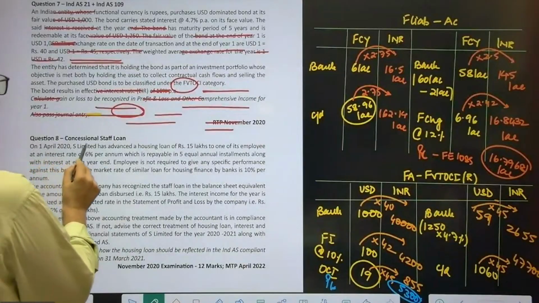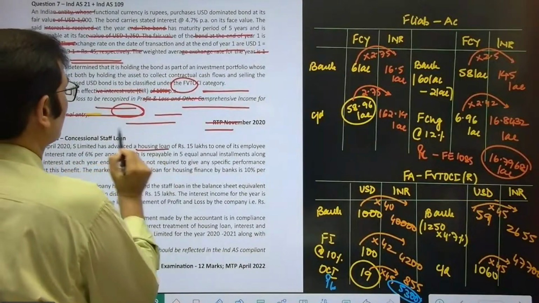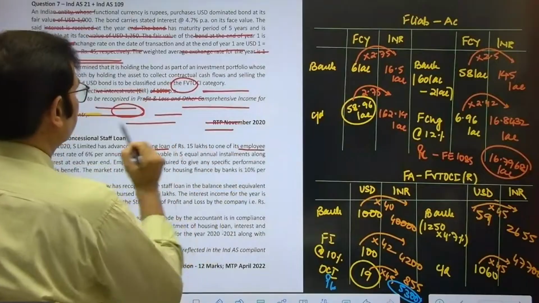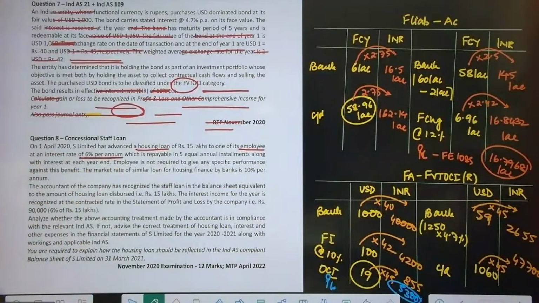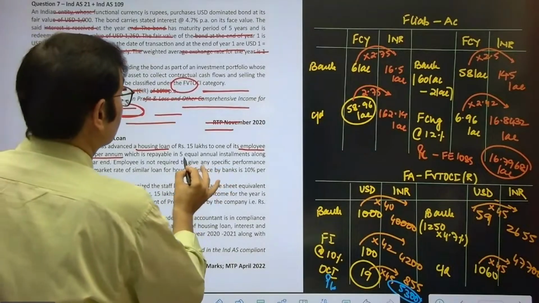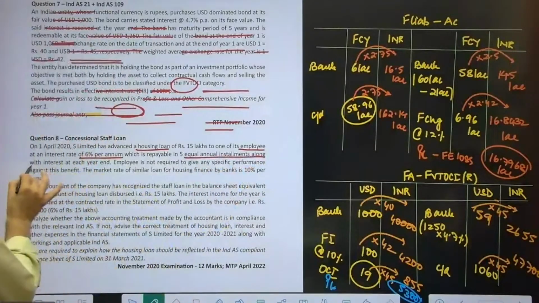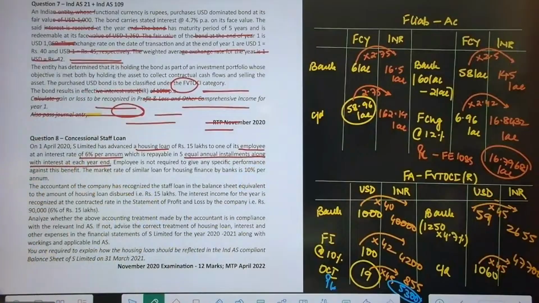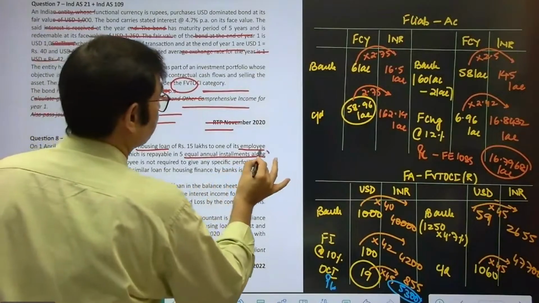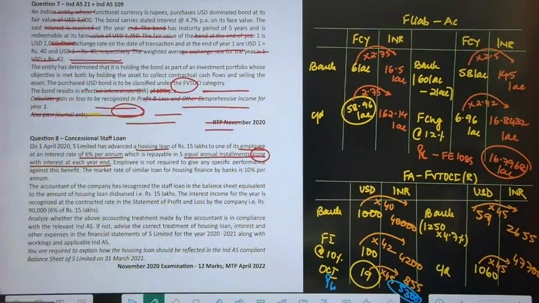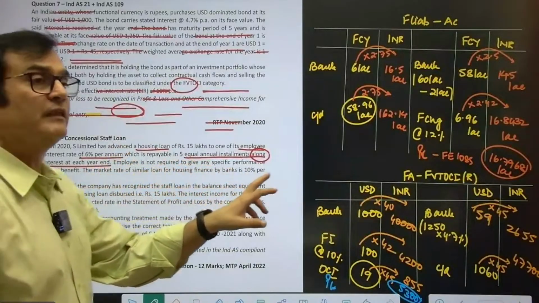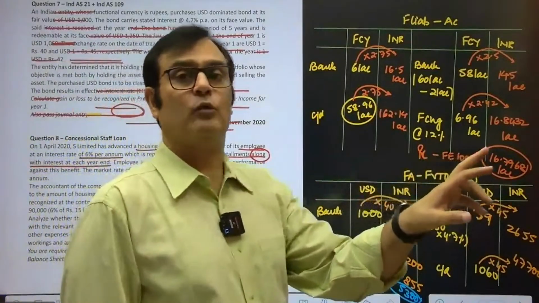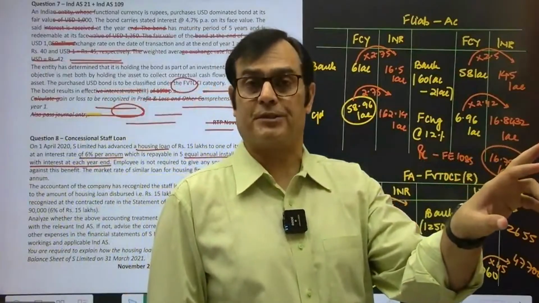On 1st April 20, S advanced a housing loan to one of its employees at an interest rate of 6% per annum, which is repayable in 5 equal annual installments along with interest at the end of each year. Now, this is interesting. Is this 5 equated installments inclusive of the interest, or is it 5 equal principal installments?